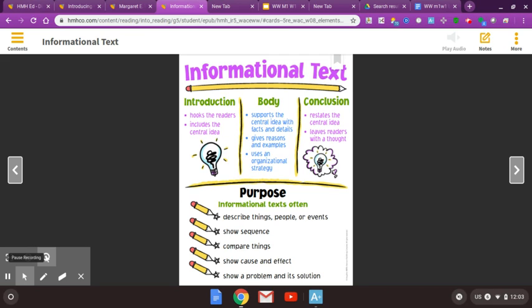A newspaper article is written for the purpose of describing people, places, events, and this would be an example of an informational text. Another type of informational text could be your textbook for science, your textbook for social studies. These kinds of books have the purpose of informing the reader with factual information. Those would both be examples of informational text.